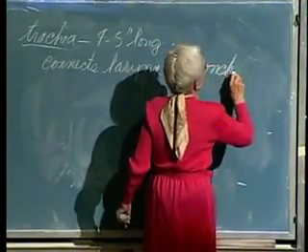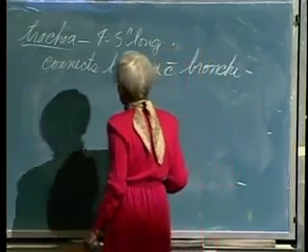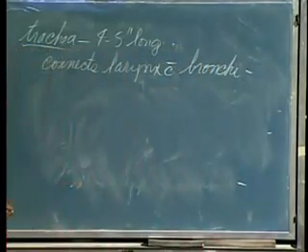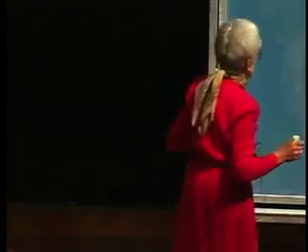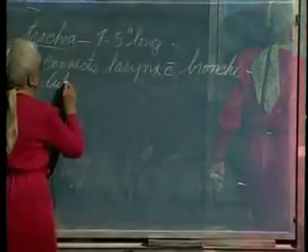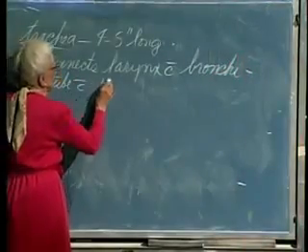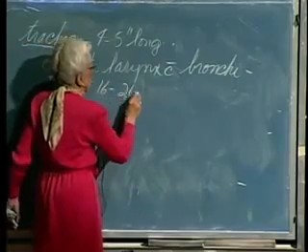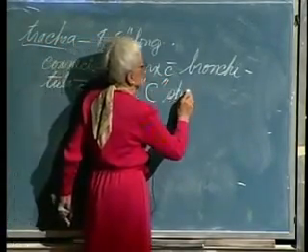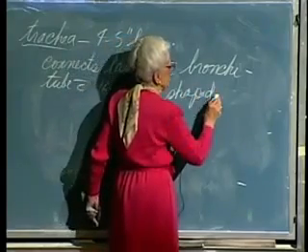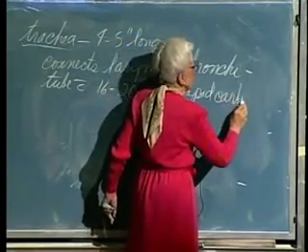Our next division. Got to prepare this air to get it down to where it can be effective. So the trachea then consists of a tube supported by about 16 to 20 C-shaped cartilages. What kind of cartilage?